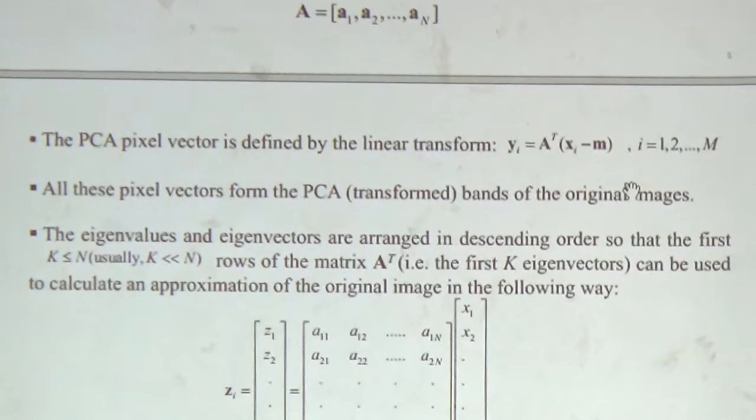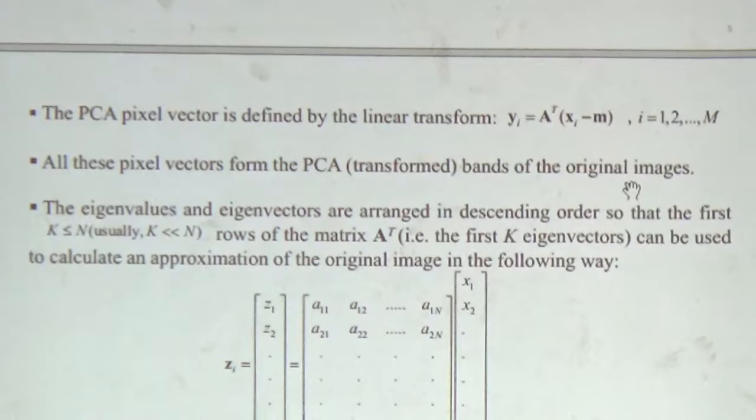As I said, the initial eigenvalues are high and the other eigenvalues are low. So what I will do is I will write this vector, this is zi. It has only capital K number of elements, instead of capital N number of elements in X. This Z vector has only capital K number of elements.